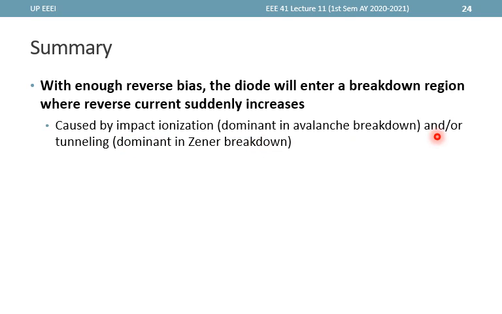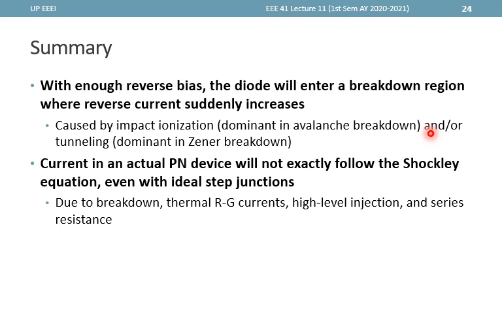Now, there is also a case where both of them are happening and considerable. So we put this and/or. Now, the current in an actual PN device will not exactly follow the Shockley equation, even with ideal step junctions, and this is due to breakdown, thermal RG currents, high-level injection, and series resistance.